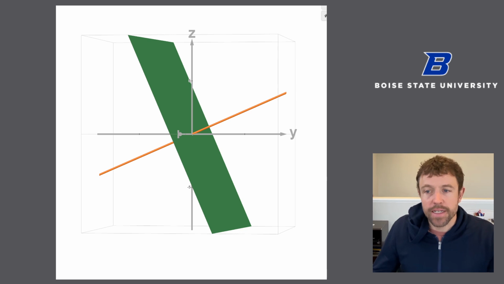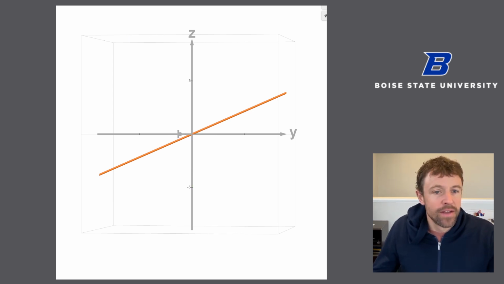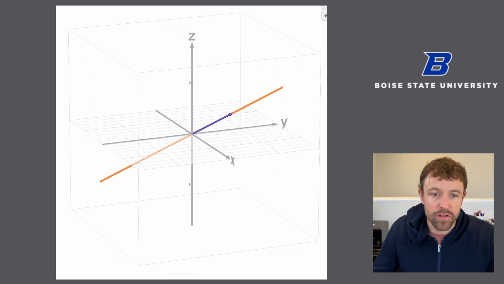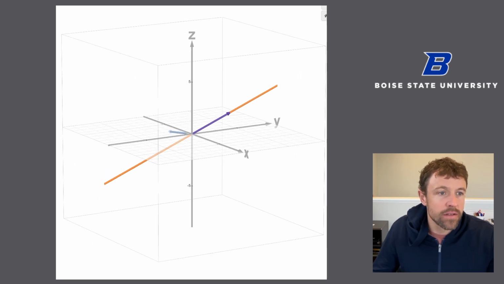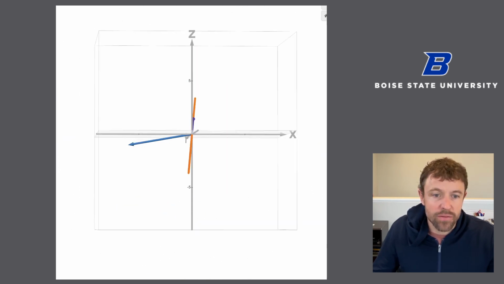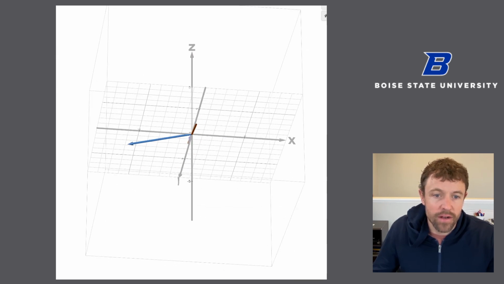I'm going to give you a second example. What if I started with the orange line? So the orange line is a subspace of R3. And if I wanted to know what is everything that's orthogonal to the vectors on this orange line, for instance, this is one vector on the orange line, well, this blue vector is something that's orthogonal to everything on the orange line.